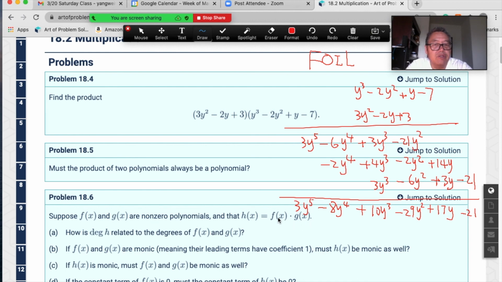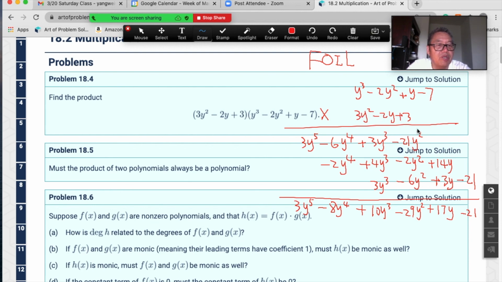Okay, so this is a way for you to do the multiplication. You write the multiplication sign here between these two polynomials. Write the higher degree polynomial on the top and the lower degree on the bottom.